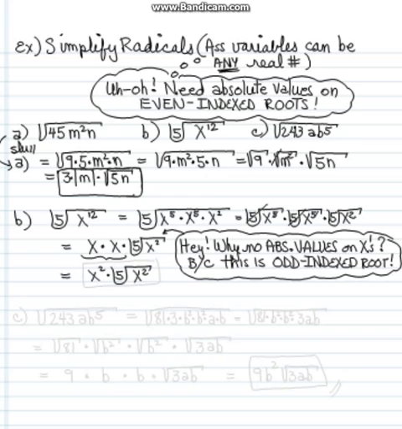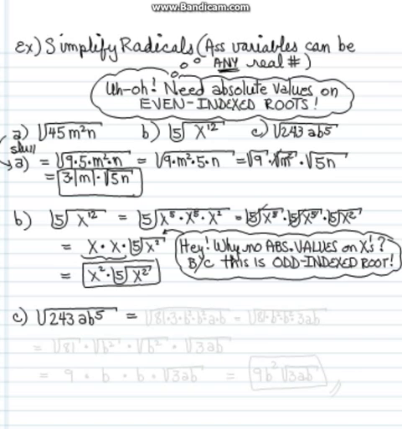Okay, and then finally we go to part C, where we're going to consider the square root of 243 times a times b to the fifth power. Now here we have an even index root. It's a square root, so our answer, we've got to be careful that we don't have any negative answer. So we might have to use absolute value bars here. Let's be careful. First, we're going to factor any perfect squares out of what's under the radical sign, the radicand.